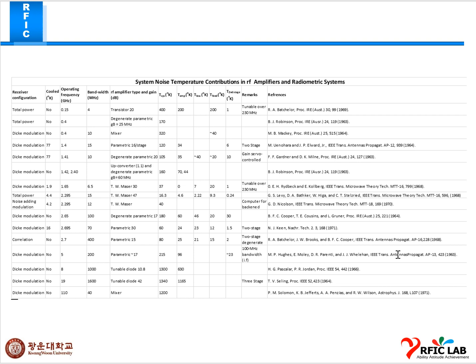And in Dicke modulation, 1.5, cooled is 1.9 Kelvin, the operating frequency is 1.65, and bandwidth is 6.5. Amplifier and gain in dB is TWT Mars 30.